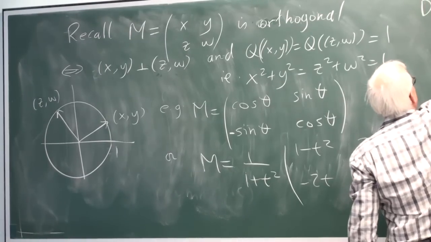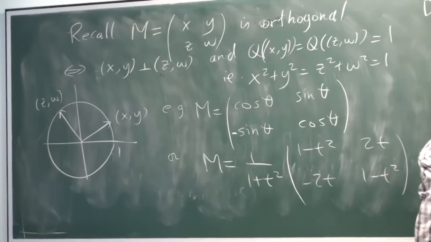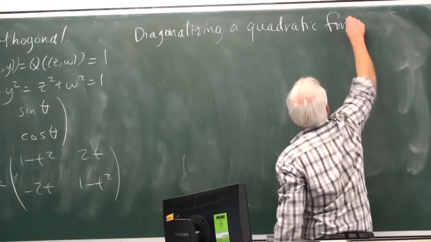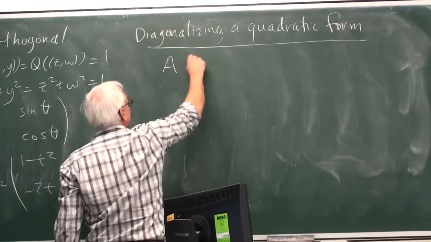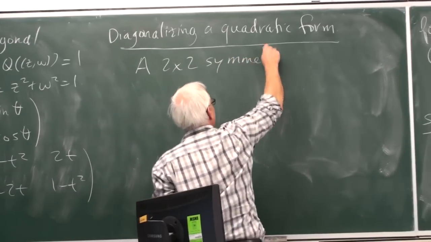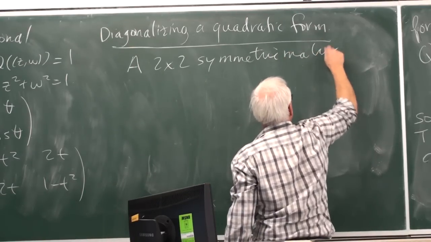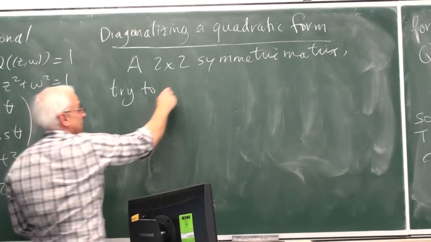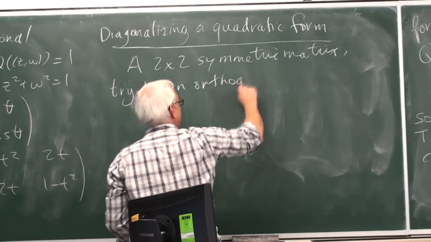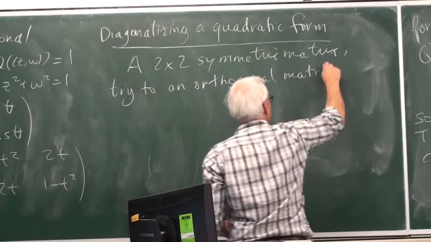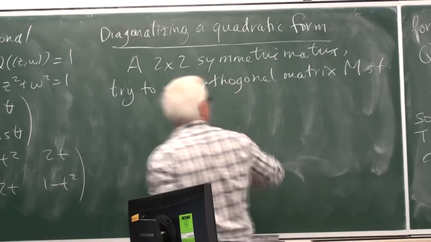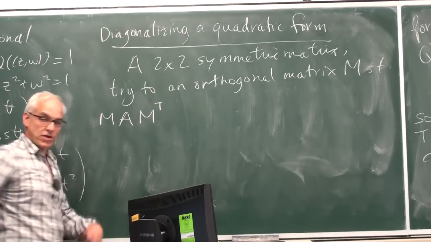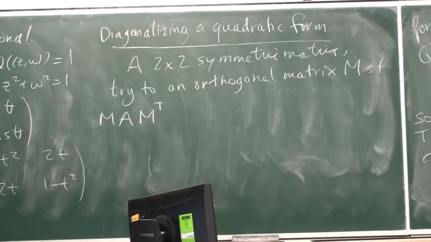Diagonalizing a quadratic form means we start with a 2 by 2 symmetric matrix, and we try to find an orthogonal matrix M such that when we transform it by multiplying by M on one side and M transpose on the other, we end up with a diagonal matrix.